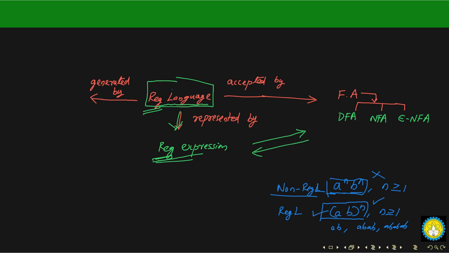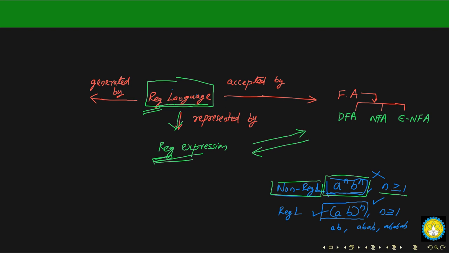So if you are given this language, that is A raised to n, B raised to n, where n is greater than or equal to 1, and you're asked to write its regular expression, you cannot actually do that because it's a non-regular language. You can only write regular expressions for regular languages.